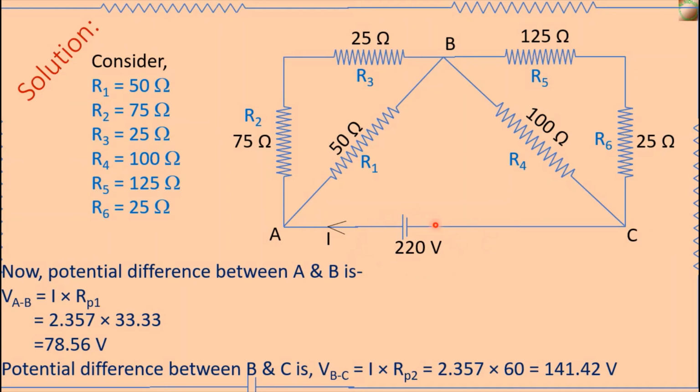That is, a part of the 220 volt is dropped here, between A and B, and the remaining part, 141.42 volt, is dropped here. It is here 78.56 volt and here 141.42 volt.